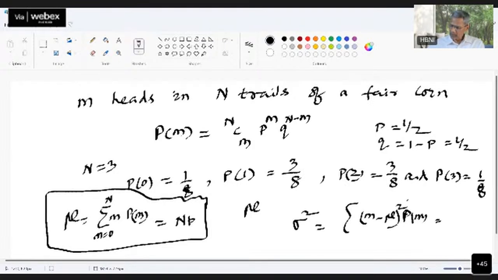That gives sigma square, and sigma will be the root of that. It will come as root of npq. You can do this as an exercise.